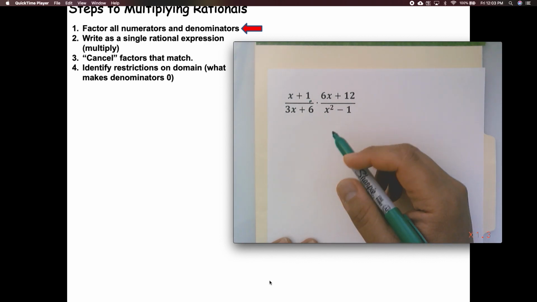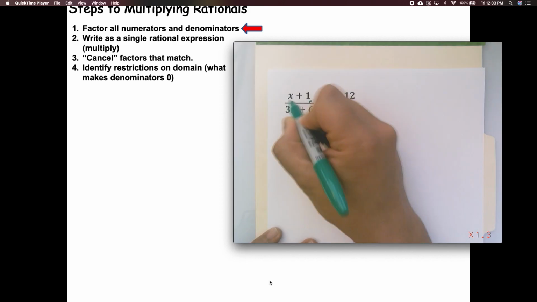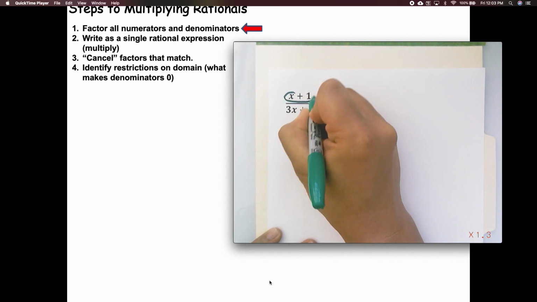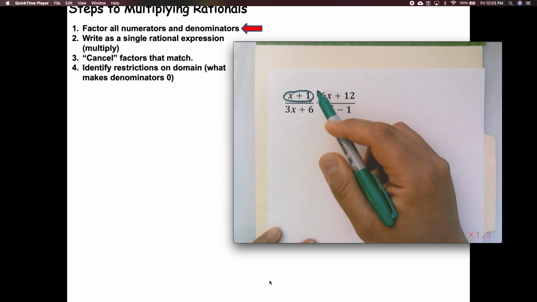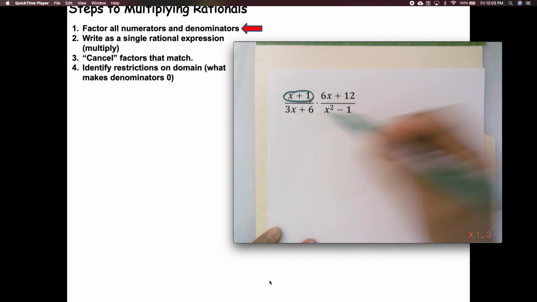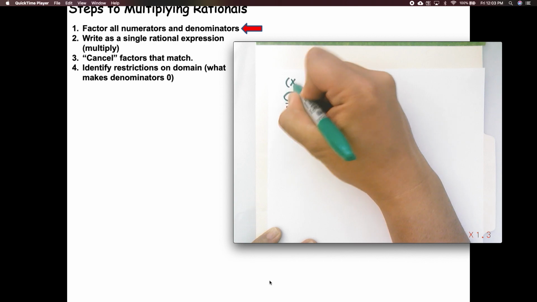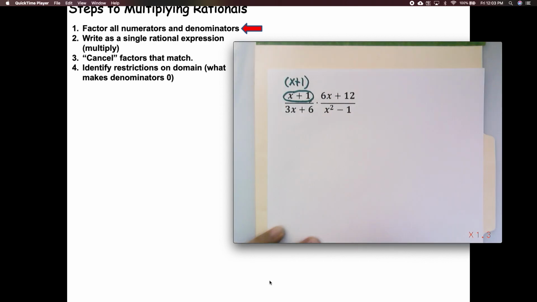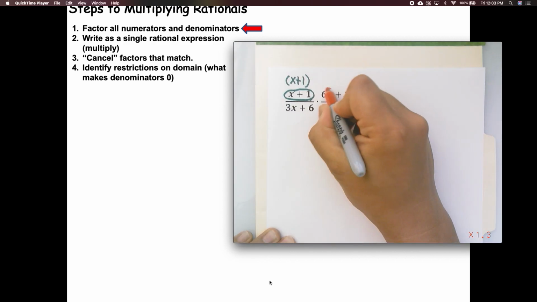So one way that I will allow you to show your work is just by kind of looking at each of these. So if I look at the x plus 1, first step is to factor. So x plus 1, that just stays x plus 1. So I can just factor it right above there. Okay. 6x plus 12. So I got a 6x plus 12.